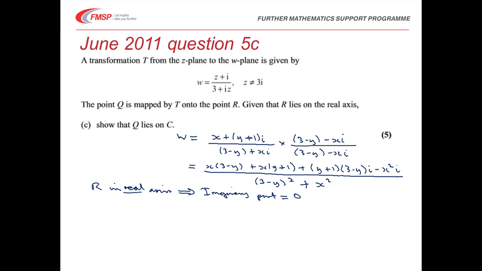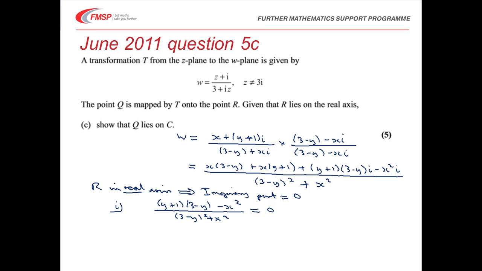So if we pick out the imaginary part from this, the imaginary part must be 0.